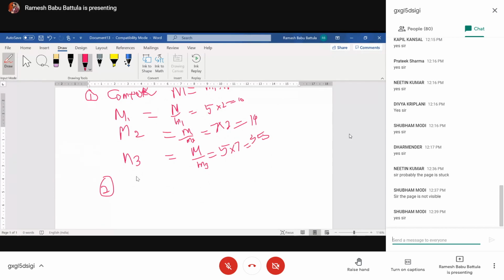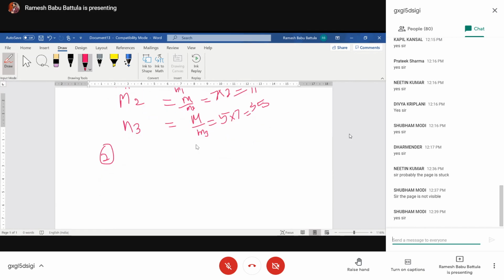Then to find the next one, there is a small formula you need to use. The y is equal to M inverse of mod m1, mod m2, mod m3. That means y1 is going to be equal to capital M1 inverse of mod m1, y2 is equal to capital M2 inverse of mod m2, and likewise y3.